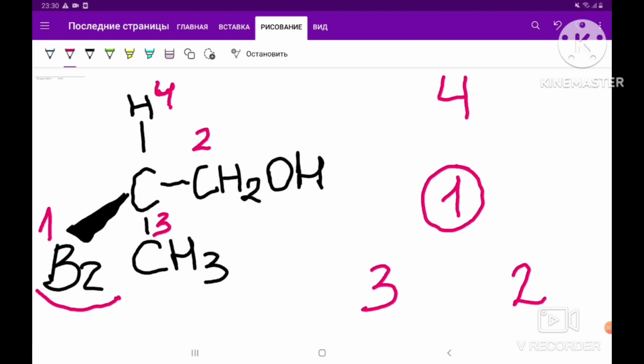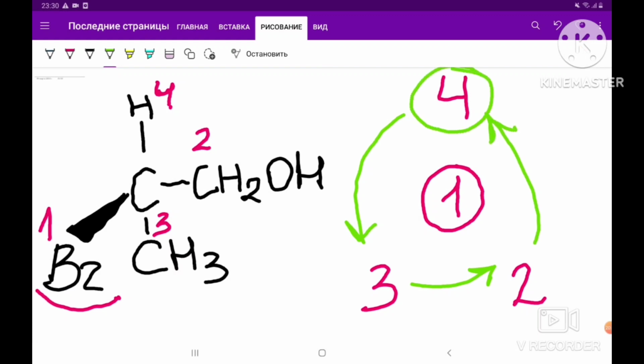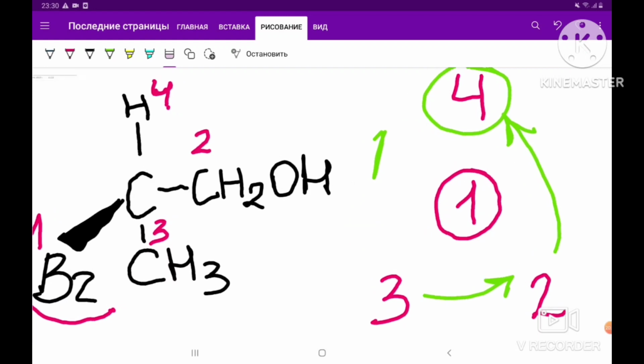Now, if you remember what we did in the previous case, we were first rotating the structure to put 4 on the top. Here we don't do it because 4 is already on the top.